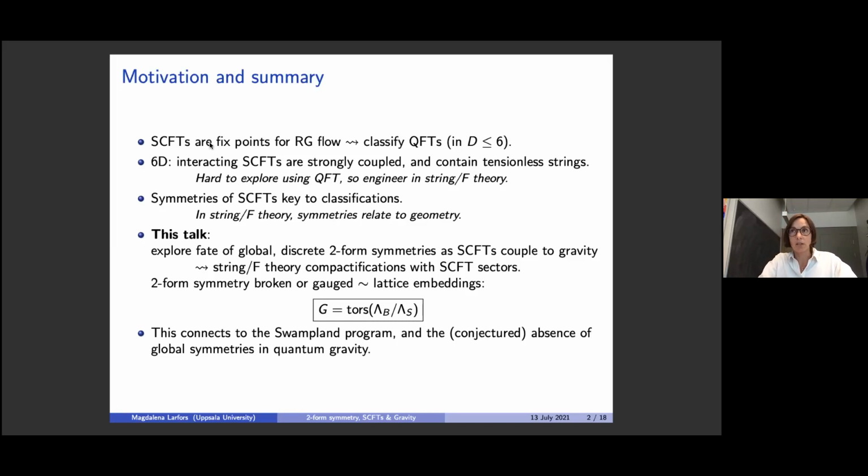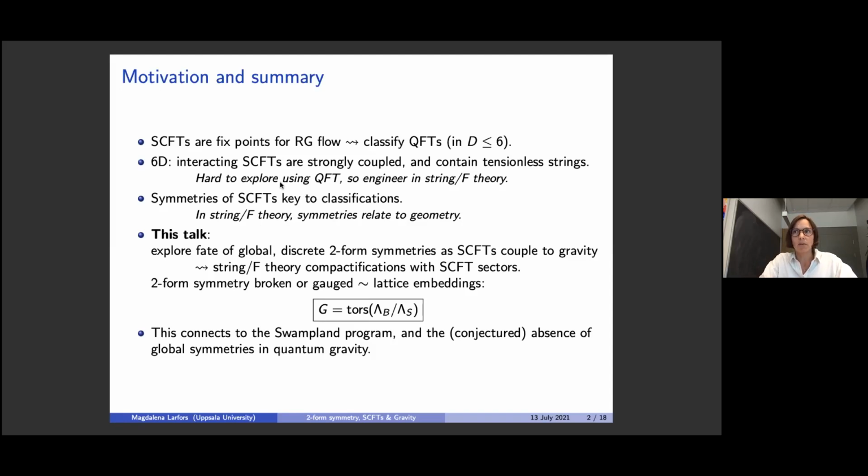Now, in 6 dimensions, these superconformal field theories, if they're interacting, are necessarily strongly coupled and they contain tensionless strings. So they are hard to study using QFT methods. However, from string theory and F theory, there is a way of engineering this that I will soon review. And this has led to a construction of a large number of examples of such theories.